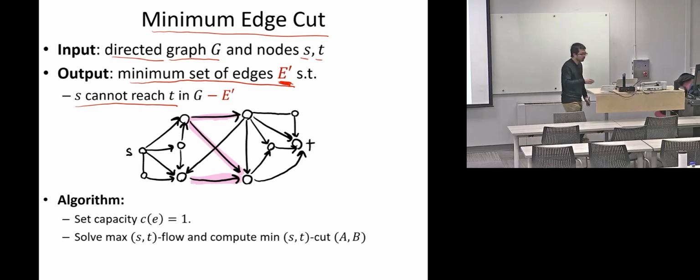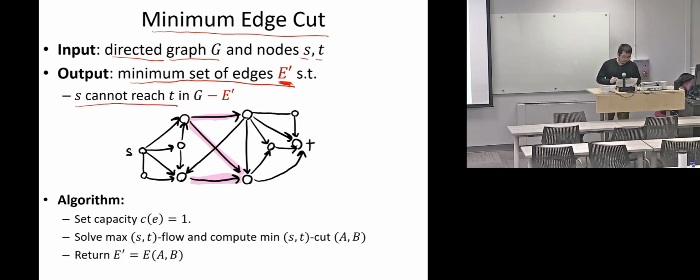Once you get a min cut, then E prime is just the set of edges that cross the min cut (A, B). That makes sense because once you set the capacity of every edge to be 1, the minimum cut is the cut such that the edges going out of it are minimized, because the capacity on each edge is 1.